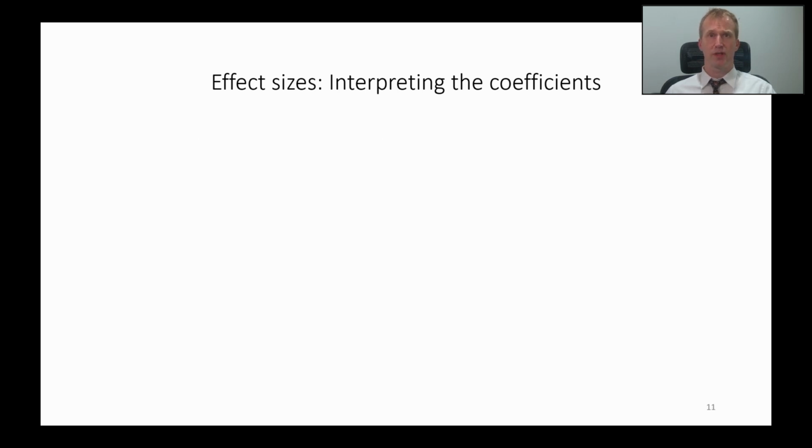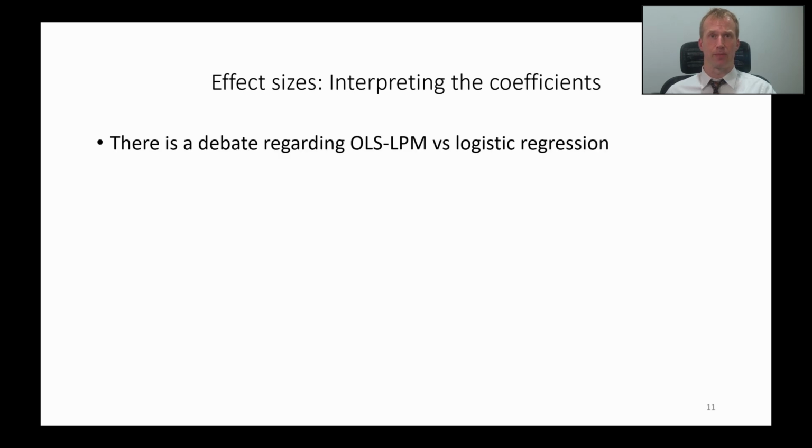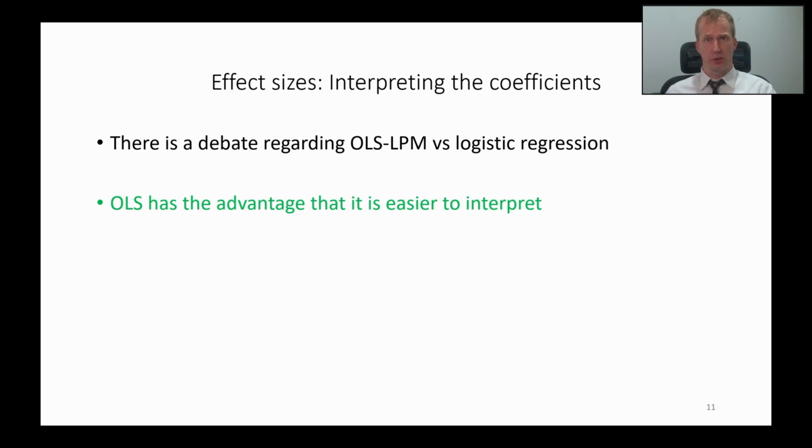There is something of a debate between econometricians regarding OLS and logistic regression. OLS applied to cases of a binary dependent variable is referred to as OLS LPM, the linear probability model. OLS has the advantage that the results are easier to interpret in terms of the marginal effects, how a change in x is associated with a change in y.